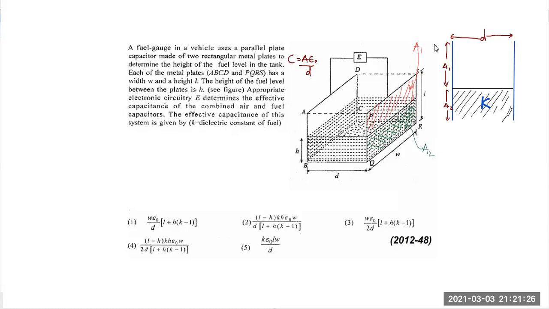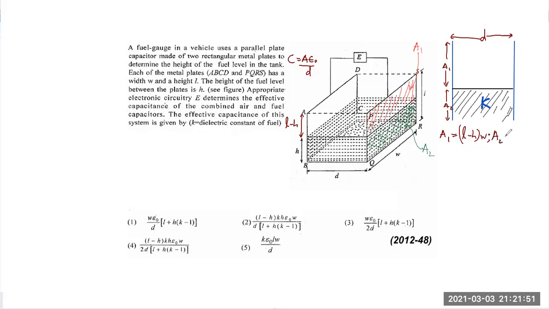So if you look closely at the diagram, what is A1, people? A1 is going to be, I will write like this, A1 is equal to, if this is H and if this is L, the whole length, this height is L minus H. So A1 is height multiplied by breadth. Breadth is W, A1.